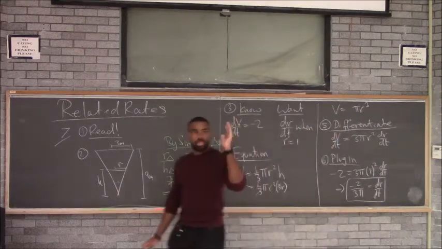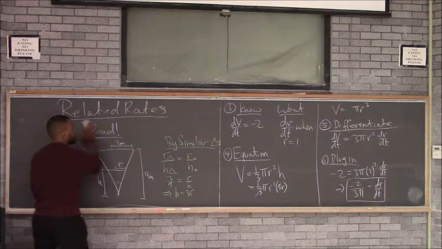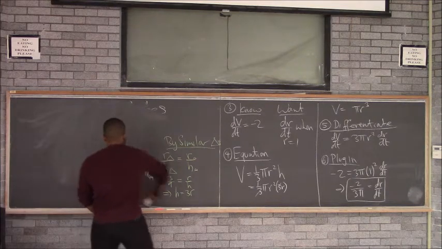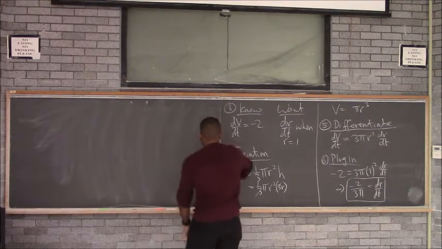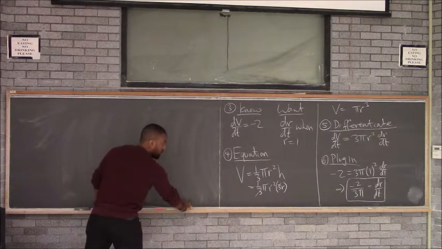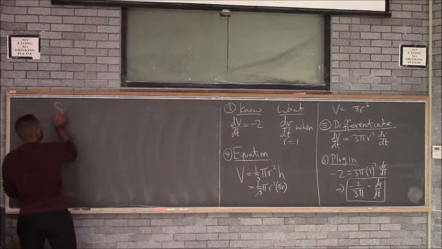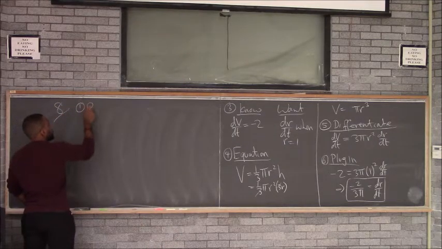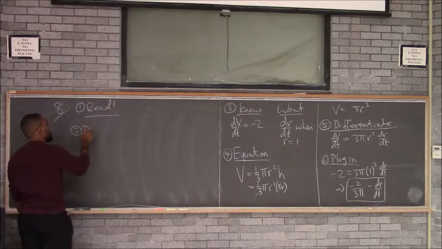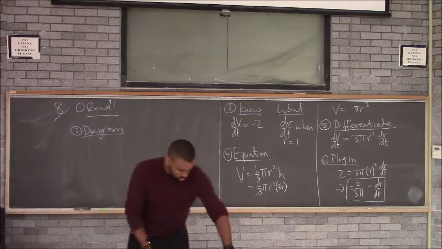Okay, so now someone from the middle, tell me about problem 8. So, of course, step 1 is to read. We all know that. Step 2, diagram. I don't know if we need that, but let's read first to see if we need it.